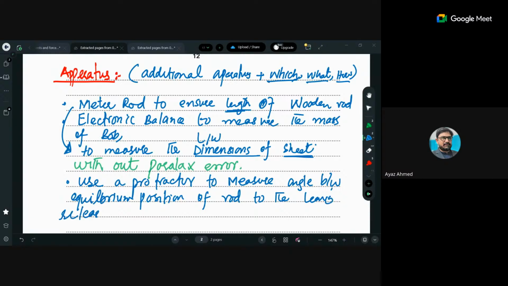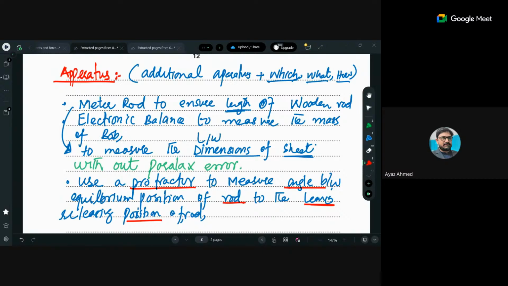Are you getting my point? Right. So this is what you use protractor to measure, angle, and how to measure. Basically this is the distance or angle between two positions.